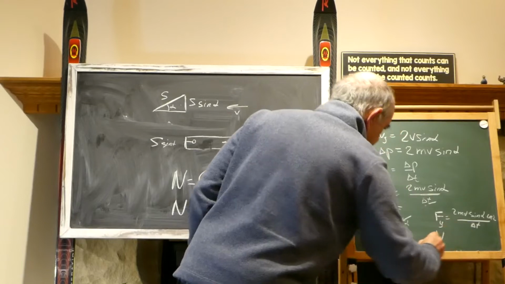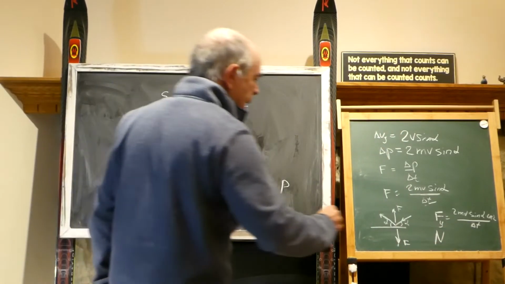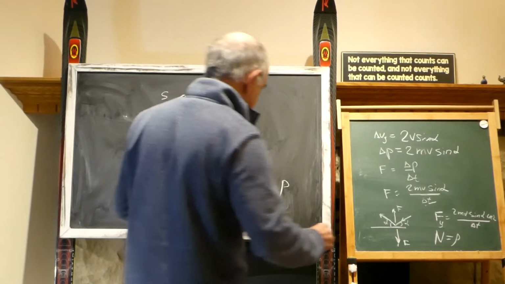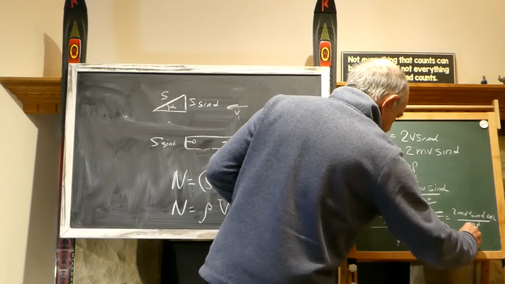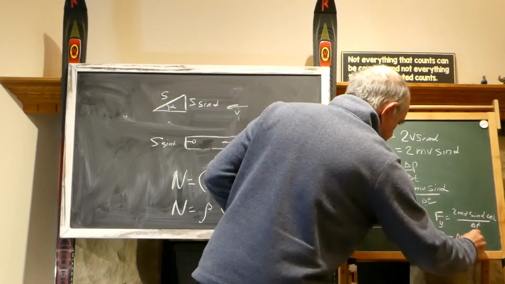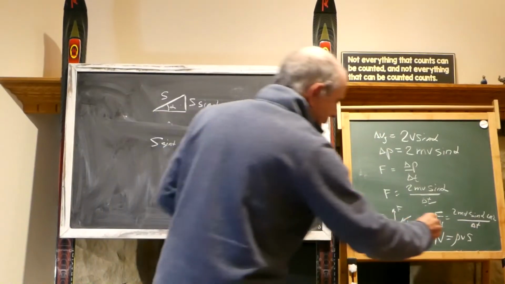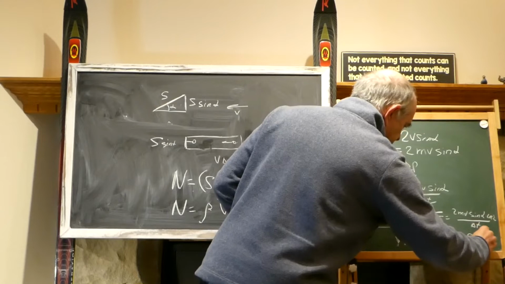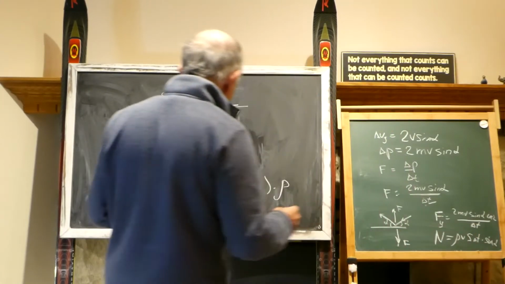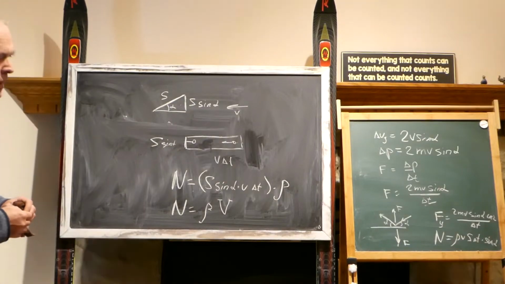N, the number of molecules, would be rho V S delta t sine alpha. So this is how many molecules are sitting in this cylinder.